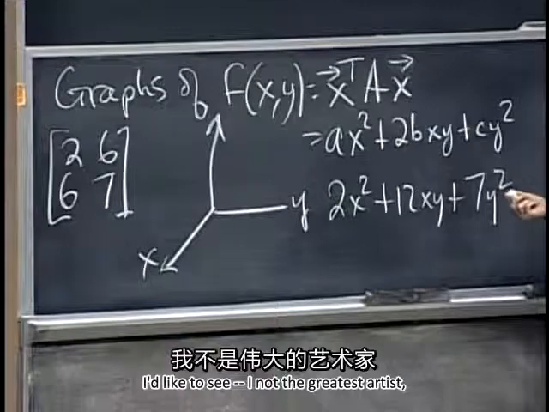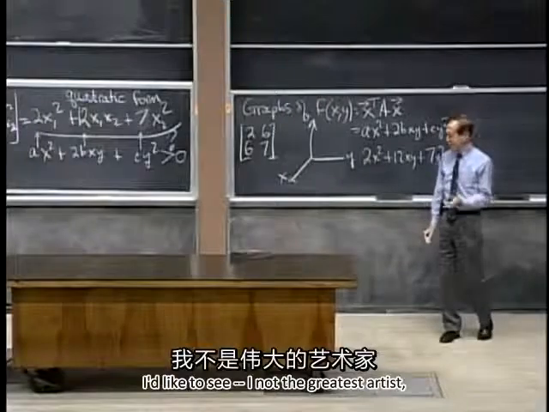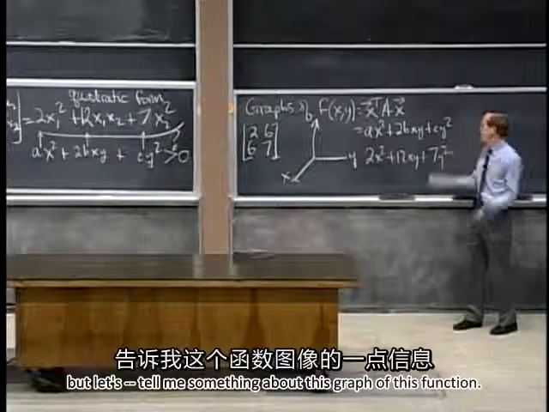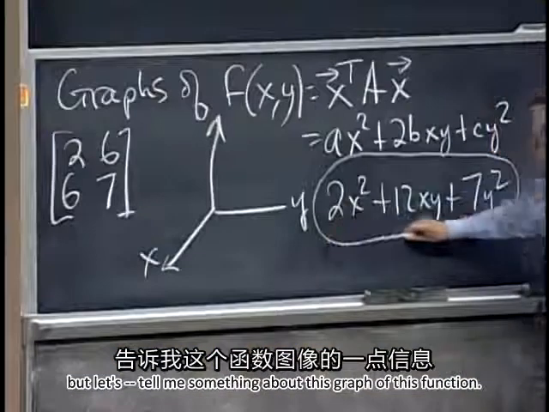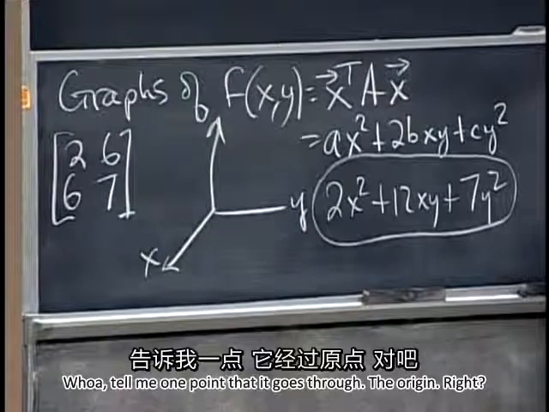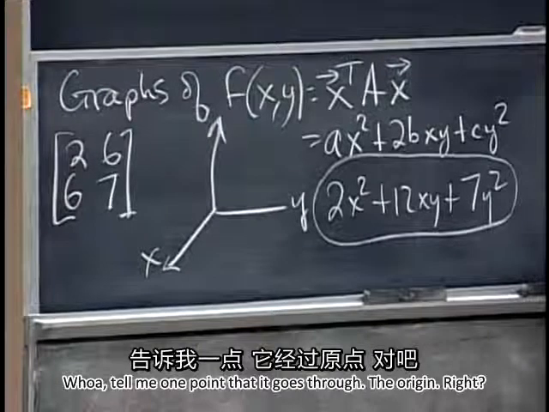I'd like to get some idea, actually I'm not the greatest artist, but tell me something about the graph of this function. Well, tell me one point it goes through. The origin, right?